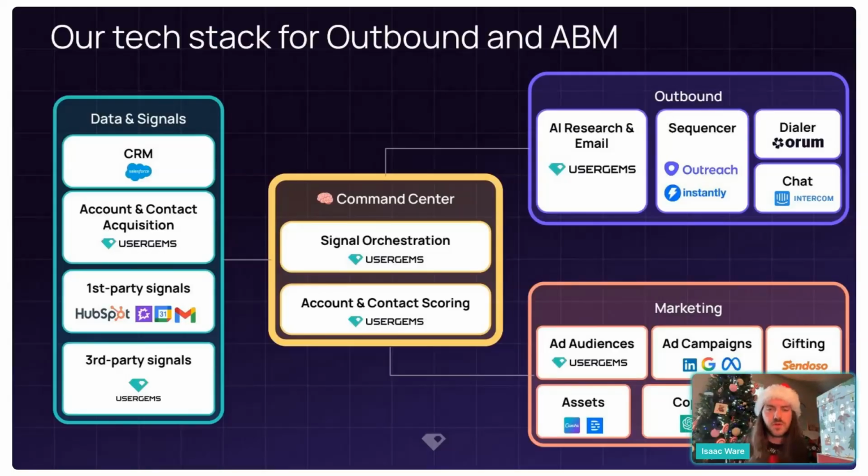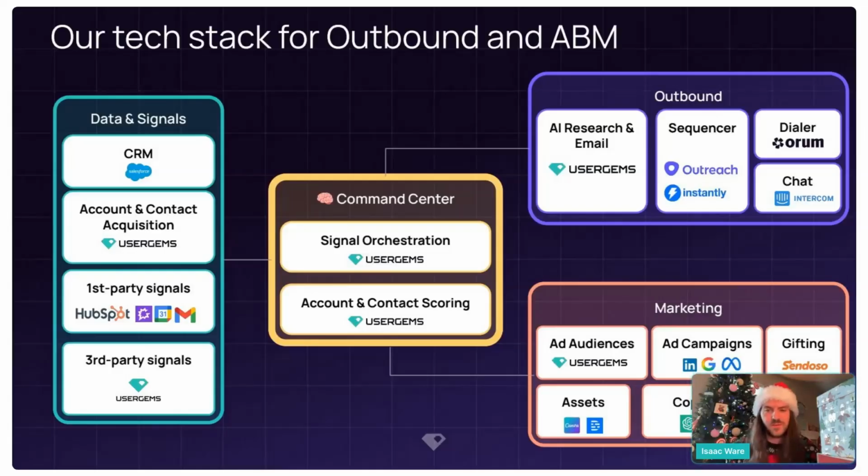So if you're a UserGems customer, we're not just surfacing those with signals, we're also surfacing all those net new accounts that look like your ICP, that look like that scoring model. We're surfacing that white space for your reps so they can multi-thread to those contacts and you can target them on the marketing side. First party signals, again, just like everybody else is using, and then third party signals through UserGems to pipe them into the command center, which again is signal orchestration, account and contact scoring that goes into those two branches.